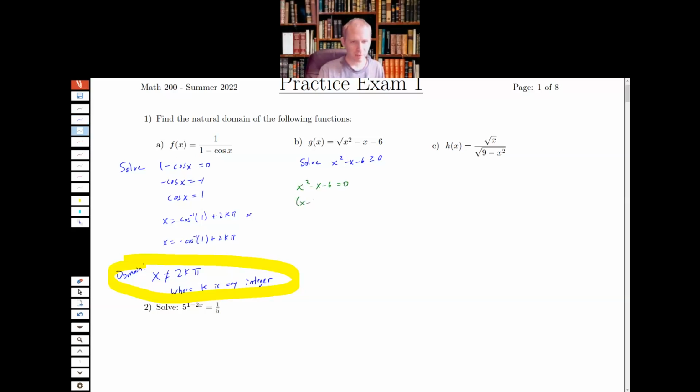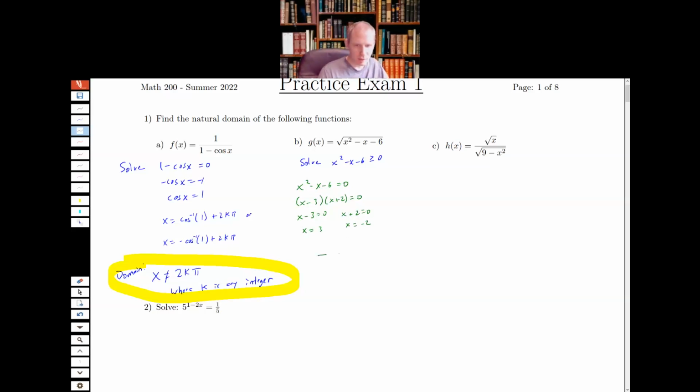And I'll do that by factoring. So I can see, all right, when x minus 3 is 0, or when x plus 2 is 0, I will get a solution. So x could be 3 or negative 2.